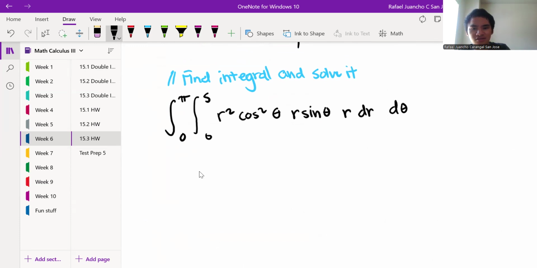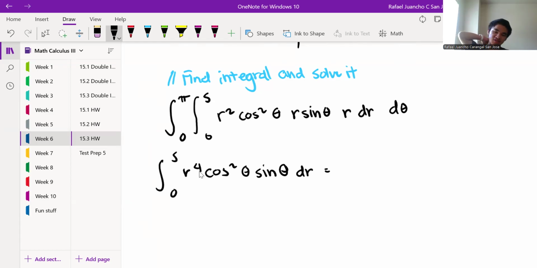Okay, let me integrate the first thing first. So here, r squared times r to the fourth, right? And this is some value here. And this is dr. So I immediately take out my cosine squared theta sine theta. So I'm gonna get this thing. Then I integrate this to the fifth.